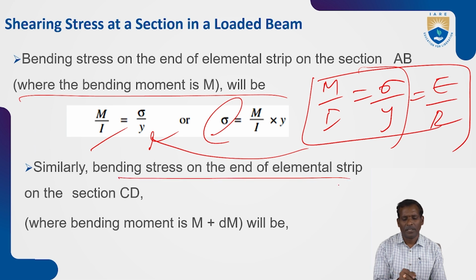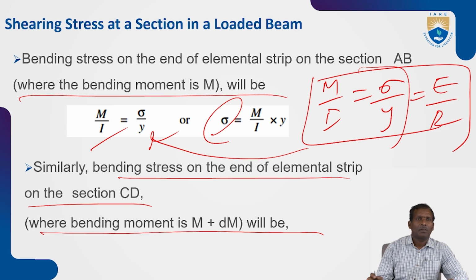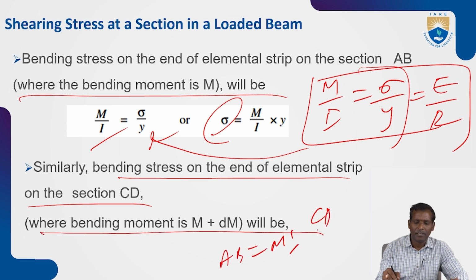Similarly, the bending stress on the end of the elemental strip on section CD, where the bending moment is M plus dM. At AB the bending moment is M, and at CD it is M plus dM.